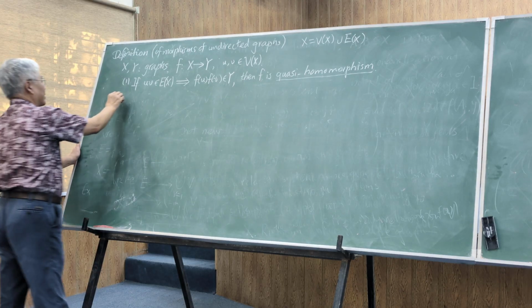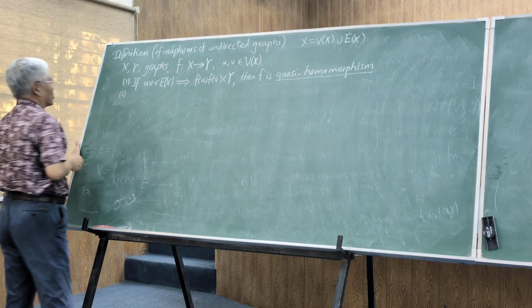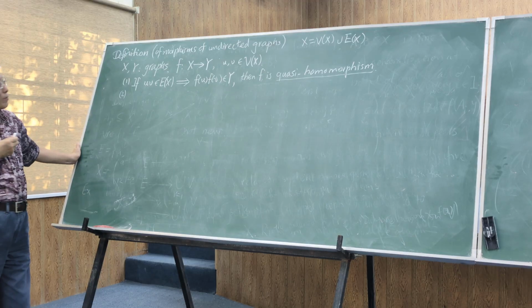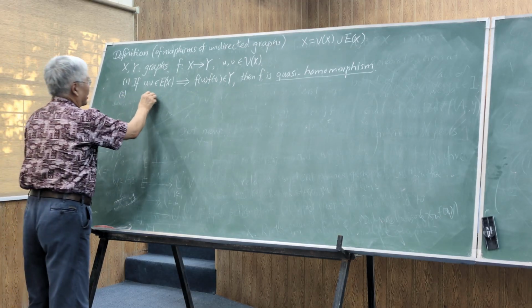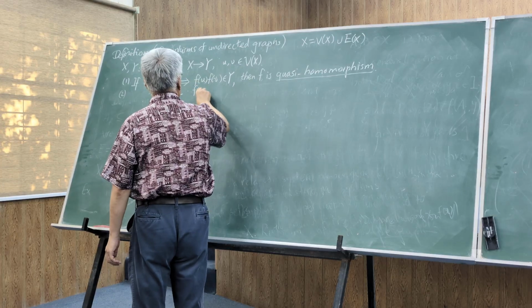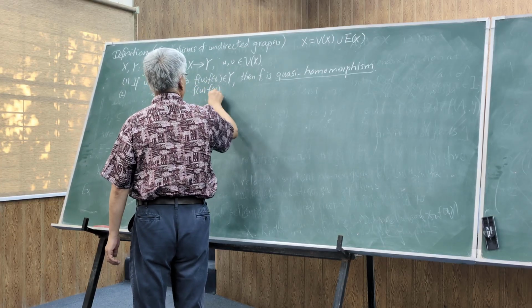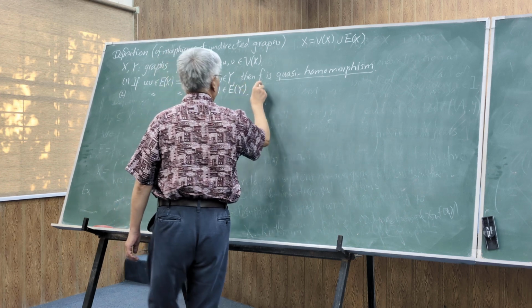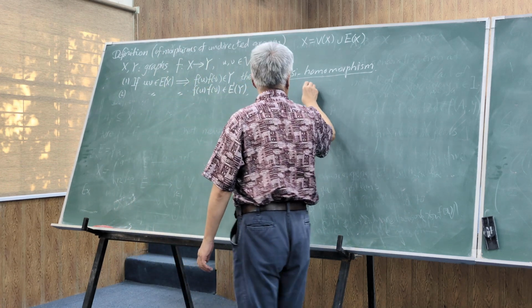Second one, now Dr. Farooq's definition, he was hinting me. If uv is an edge, it implies that f(u)f(v) must be an edge. Then f is called a homomorphism.